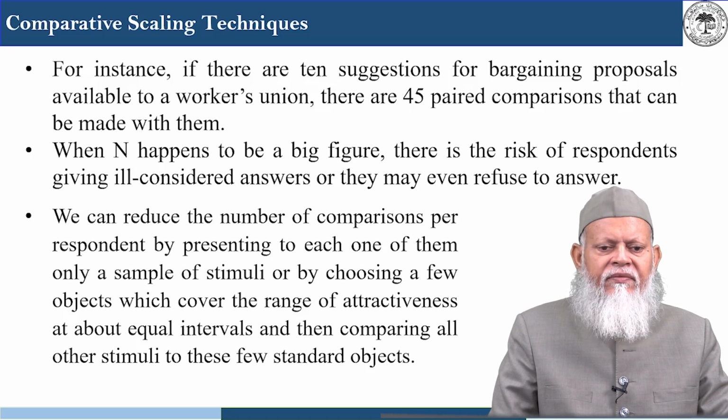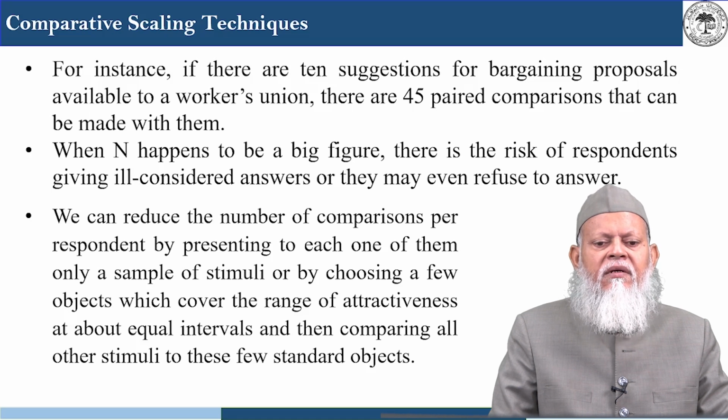So we have to reduce the number of comparisons per respondent by presenting to each one of them only a sample of stimuli, or by choosing a few objects which cover the range of attractiveness at about equal intervals, and then comparing all other stimuli to these few standard objects.